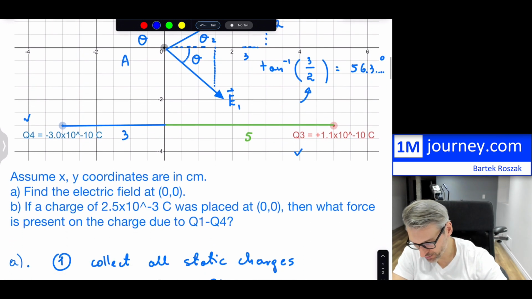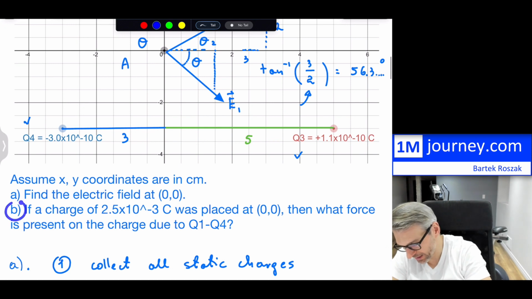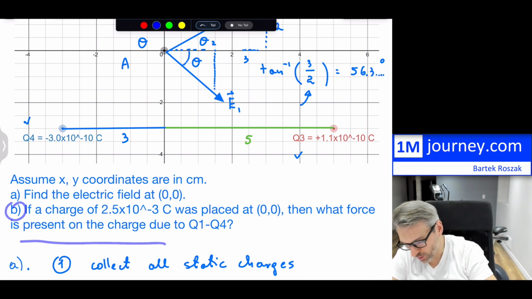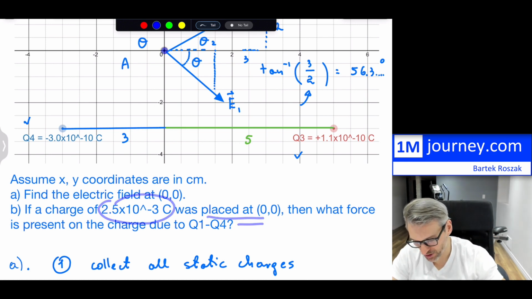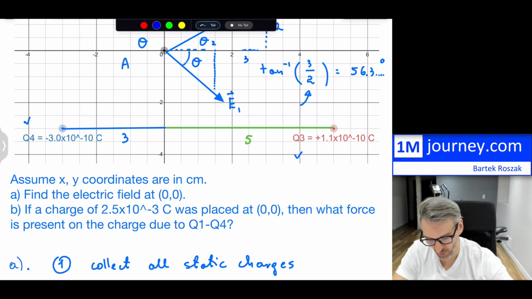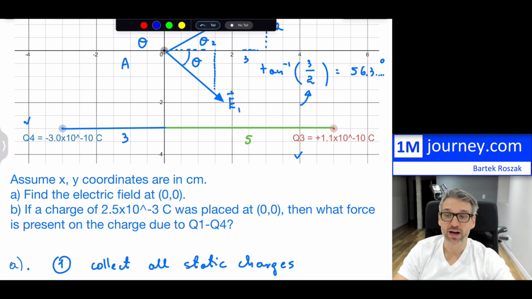Now, in this example, it also asked us, in part B, what if you place a charge in here, at this point, now that you know the electric field? What would be the force on that charge? Well, once you know what the charge is, then it's very easy.